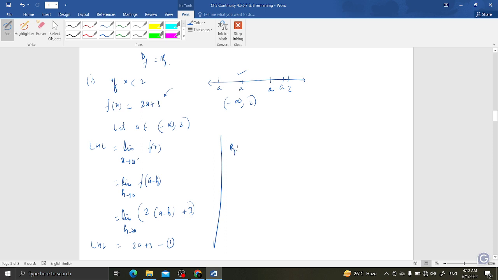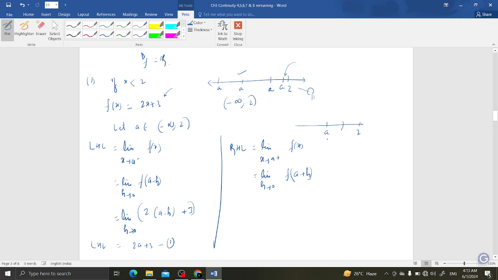Now RHL is limit x tends to a positive f of x, which is limit h tends to 0 f of a plus h, and h is a very, very small positive quantity with respect to a. If a is here and 2 is here, suppose I take a point most close to a. If I use a magnifying glass here, it will look like that.